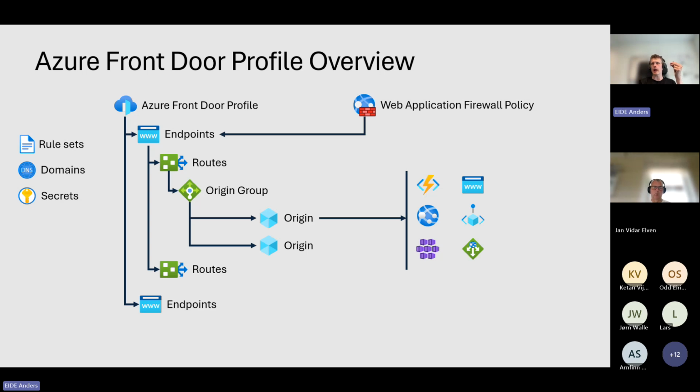The origin group will have one or more origins, and those origins are then pointing to the application backend, which is serving the content for that route. That can be a website, it can be a function app, for example, if you have an API available. It can be a container solution.